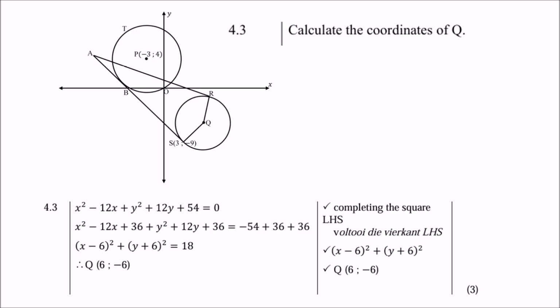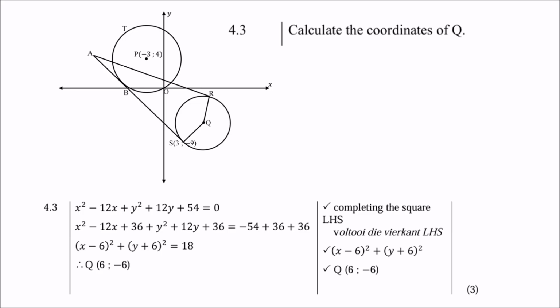So you add 36 on the left-hand side, but you must also add 36 on the right-hand side. Remember the law of equations. Then with y squared plus 12y, I again complete the square and get 36, which I again add to both sides. And the 54 I'll carry over to the right-hand side.